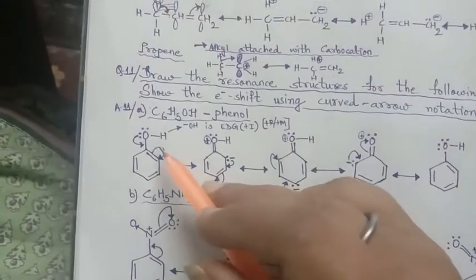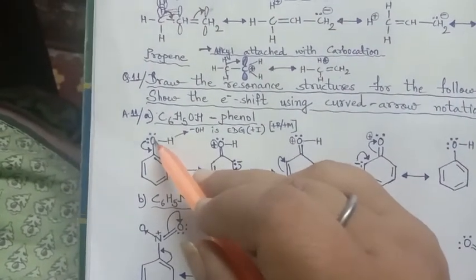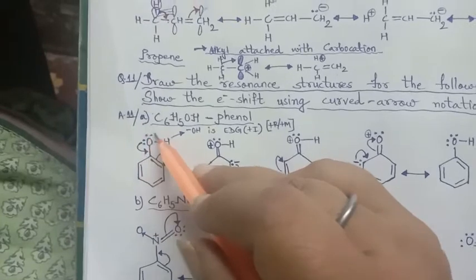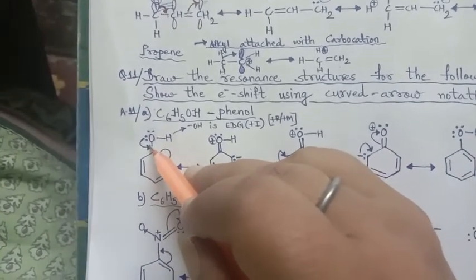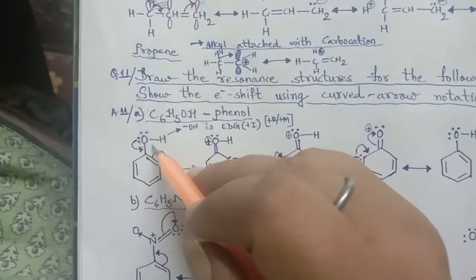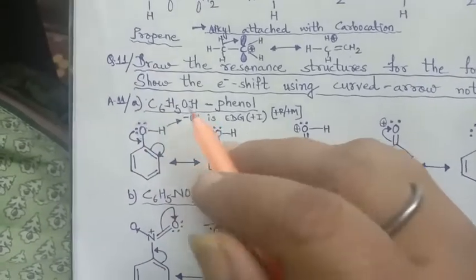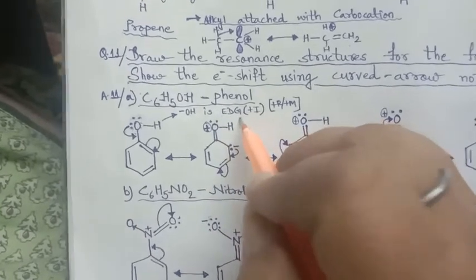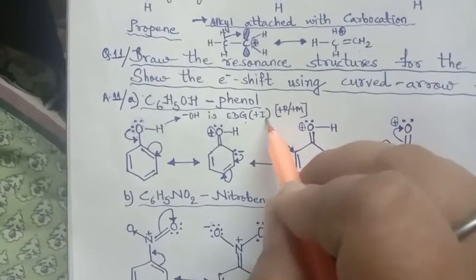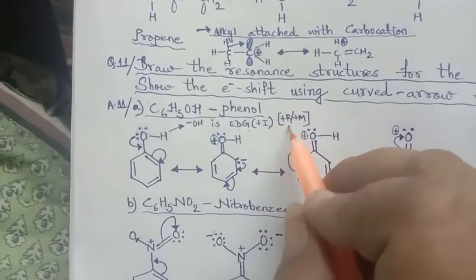Let me help you once again. Let's see here, oxygen has 2 pairs, that means 4 lone electrons, which is 2 lone pairs. And the OH group is this. Here OH is an EDG, electron donor group. That means it will show a plus I effect in the resonance.